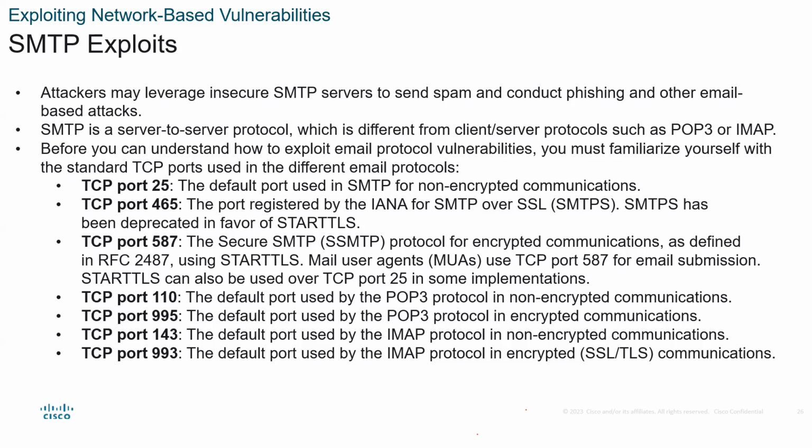So SMTPS is on port 465, right? It's been deprecated in favor of the newer one called STARTTLS, Transport Layer Security. TCP port 587 is for secure SMTP for encrypted communications as defined in Request for Comments 2487.